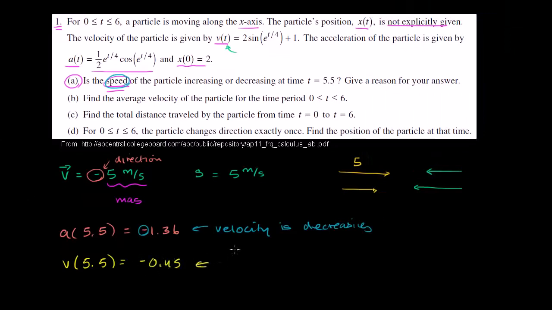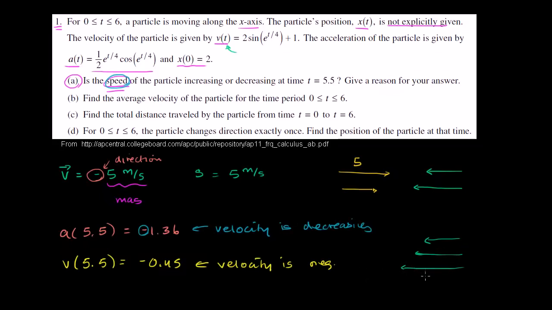So this is negative. Velocity is negative. So we have the scenario where the velocity is negative, which means we're going in the left direction. And the fact that the velocity is also decreasing means that over time, at least at this point in time, as we go forward in time, it'll become even more negative, and it'll become even more negative if we wait a little bit longer.